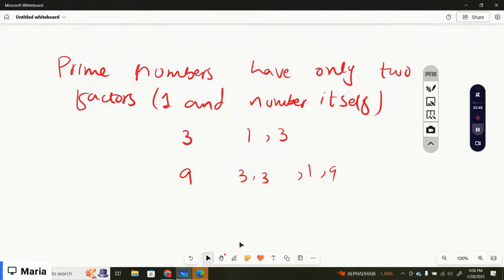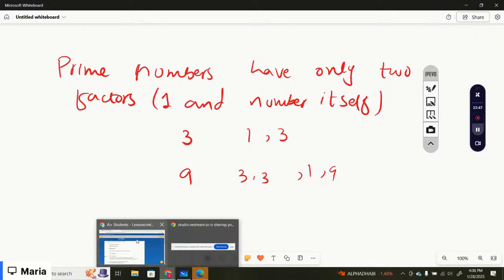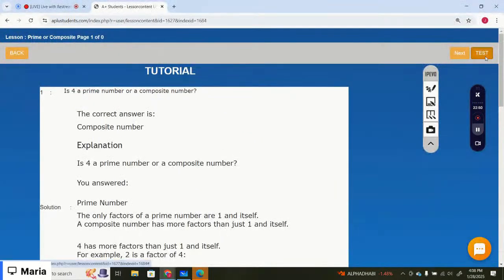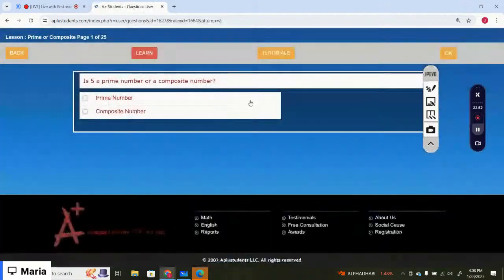Let's start with the test questions. Is 5 a prime number or composite number? So which is the correct option? 5 is a prime number. How?